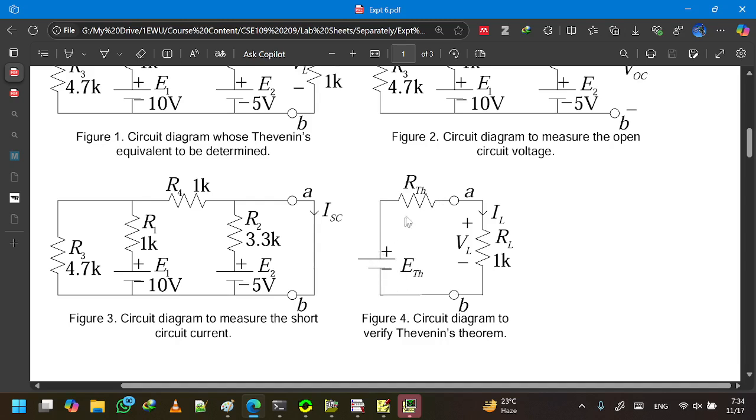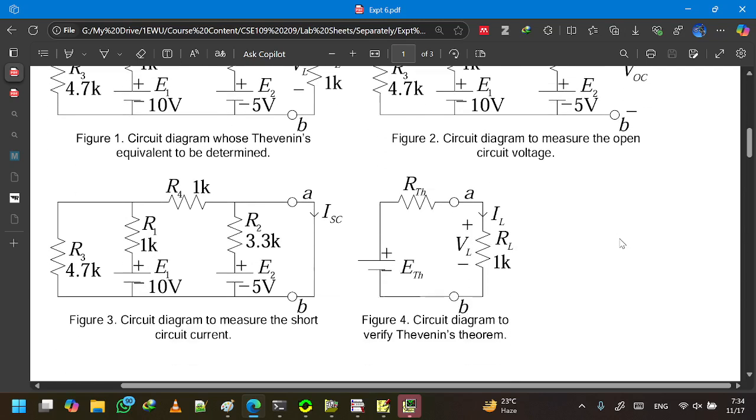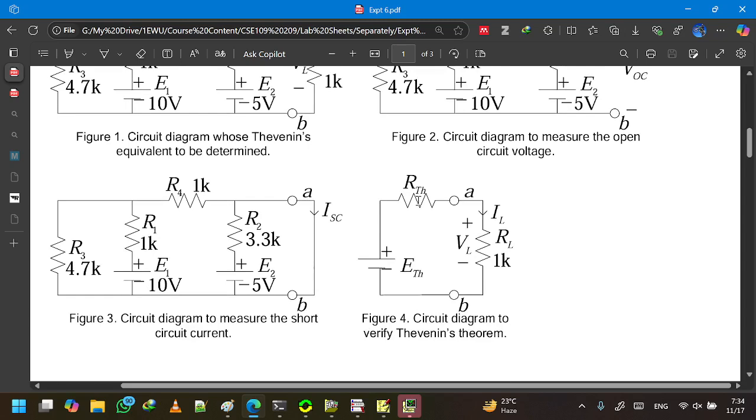This voltage source is called the Thevenin voltage, which is the open circuit voltage after disconnecting the load, and the RTH is called the Thevenin resistance, which is the ratio of the open circuit voltage and the short circuit current or Norton current. So the ratio of the Thevenin voltage and Norton current gives us RTH, which is also known as the Norton equivalent resistance RN.